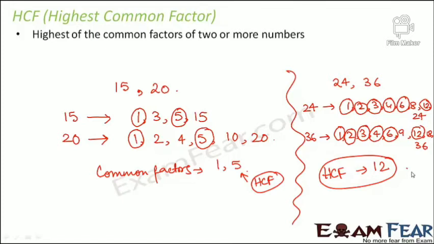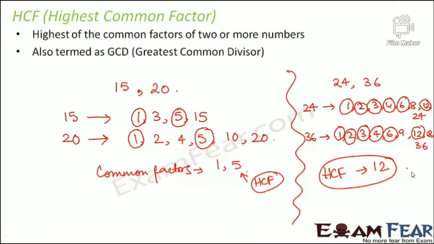Now, what is the meaning of HCF basically? It is the highest common factor, or we can say that it is the greatest common divisor. That means it is the greatest value which can divide both of these numbers exactly. So if you divide 24 by 12, you will get 0 remainder. If you divide 36 by 12, you will get a 0 remainder.